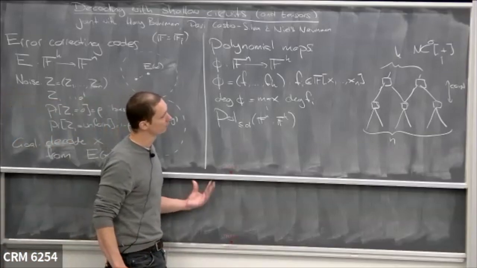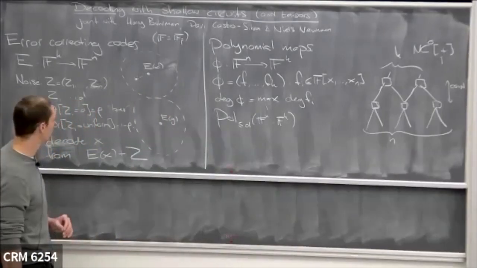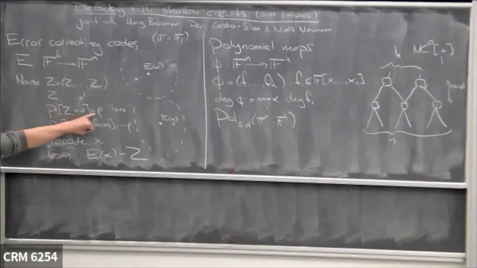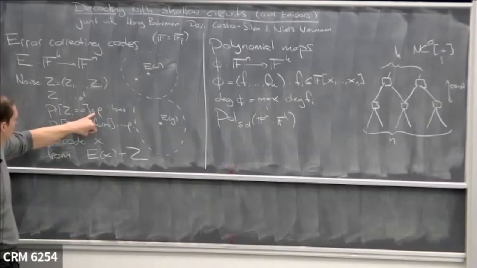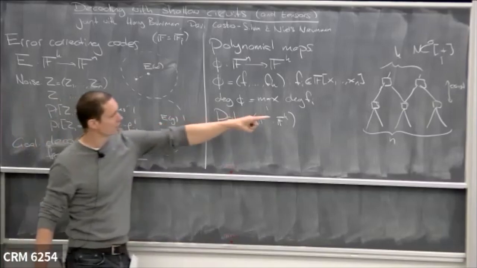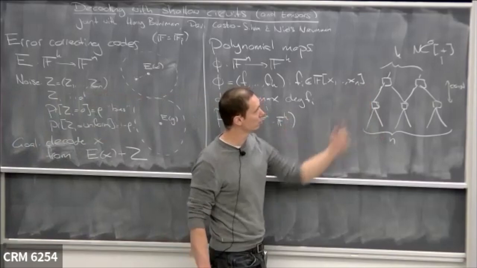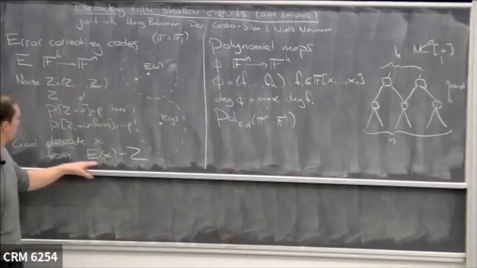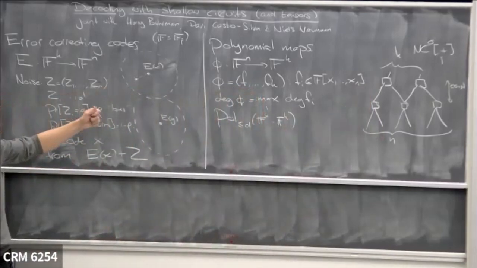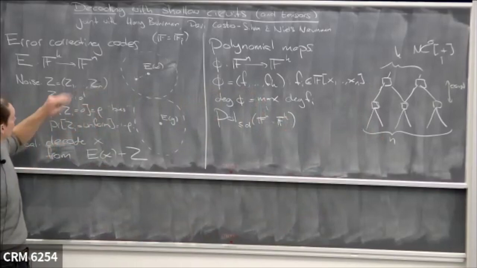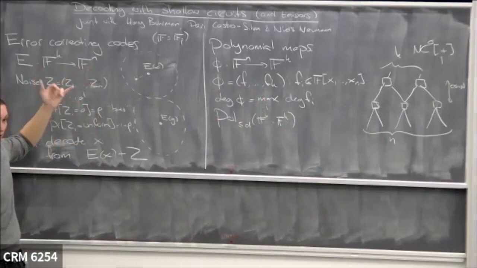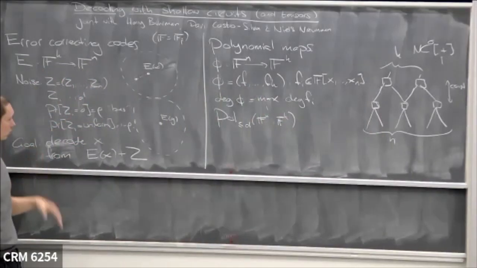Perhaps to give a little bit more context, of interest for us was the setting in which the bias rho is a constant, strictly between 0 and 1. There are previous results by Emanuele Viola that say that even a stronger class of circuits than this one, where the fan-in of the gates is unbounded, AC0 with parities, is bad at performing this task when this bias goes to 0 with the length of the code, the number of encoded message bits.